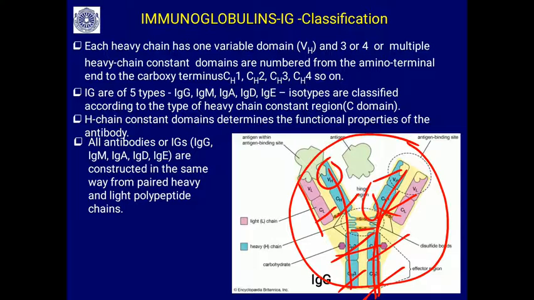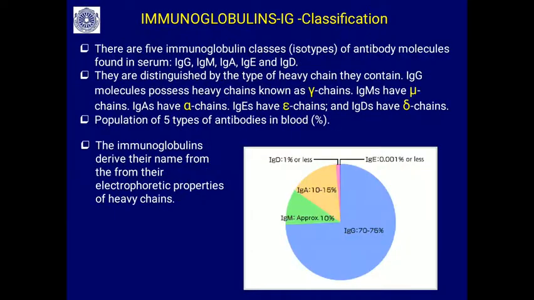There is a hinge region, the antibody recognition site, the fragment antigen binding, and the Fc fragment, which is the crystallizable fragment. The same you will find in the other molecules also, on this basic pattern.